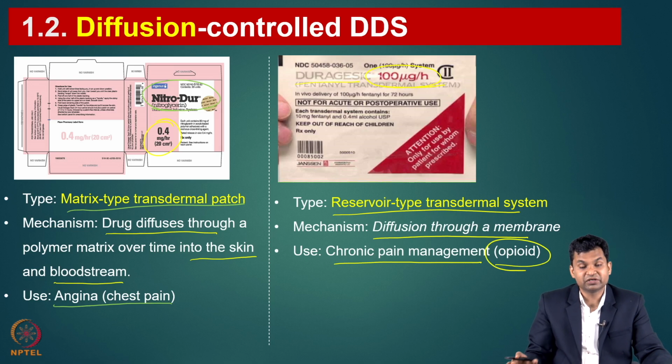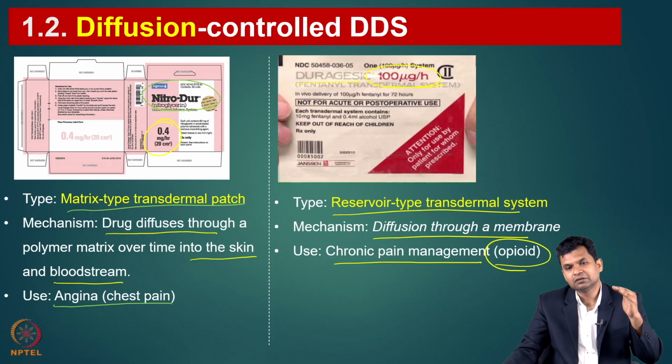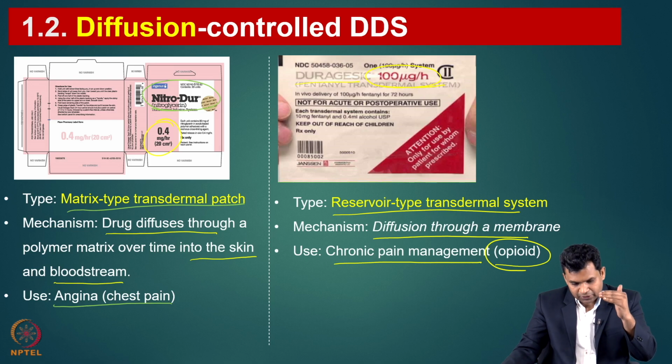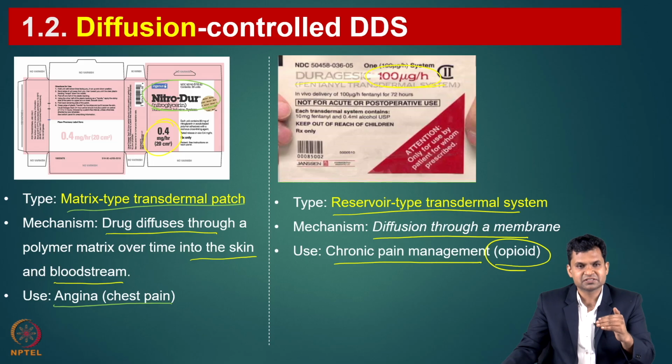With this we can expect controlled release at a predetermined rate, and such products will improve patient compliance as well as patient safety. Not only that, by using controlled release systems we can reduce the side effects, and we can also reduce the frequency of administration of the drugs.